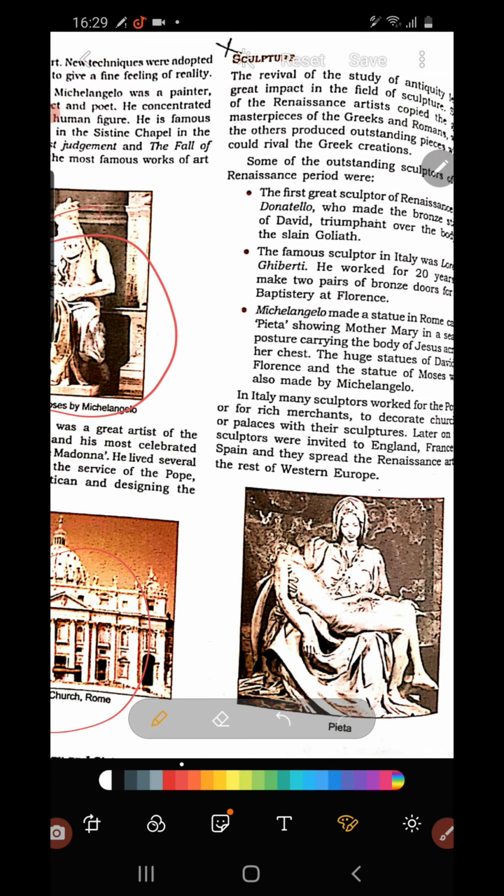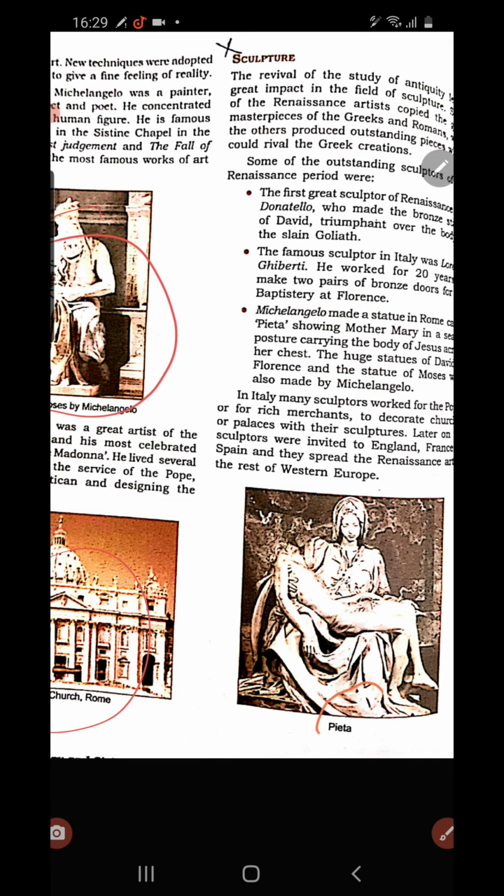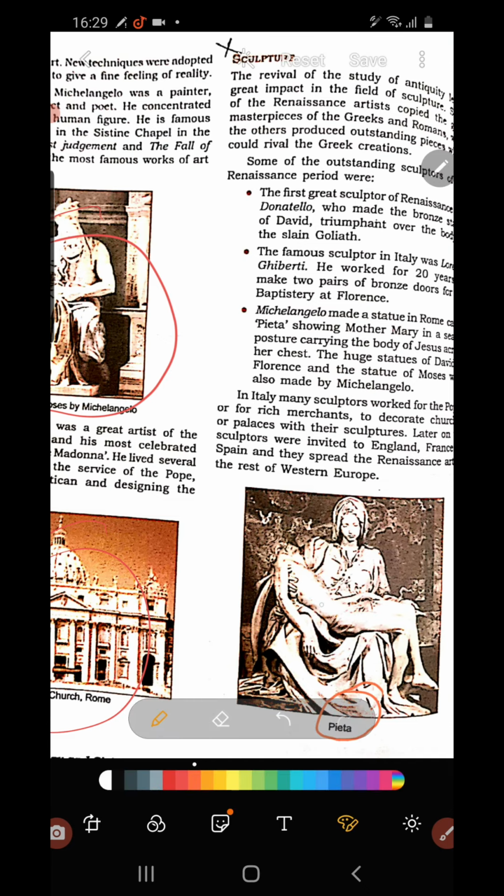Then Pieta is the statue of Mother Mary carrying the dead body of Jesus Christ. He was crucified. Why? Because the noblemen and rich people in Europe were all criticized by Jesus Christ. They didn't want to be criticized. He was a pure man. He wanted people to leave their sinful life, so he pointed out all kinds of wrongdoing.